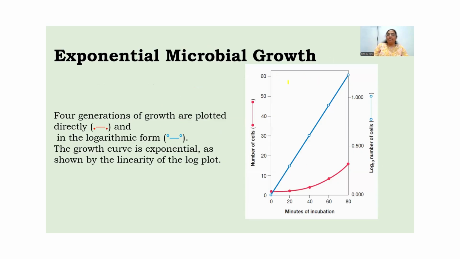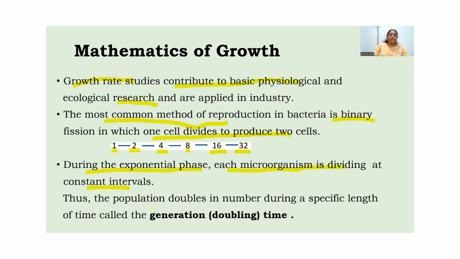Now this graph suggests that there is an increase in the cell number, and the cell number increases in this fashion. One cell divides into two cells, dividing into four cells, dividing into 8 cells. That is, there is an increase in the cell number, and every time there is a doubling of the cells.